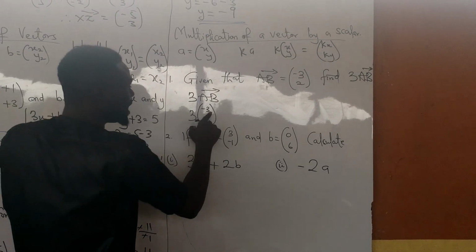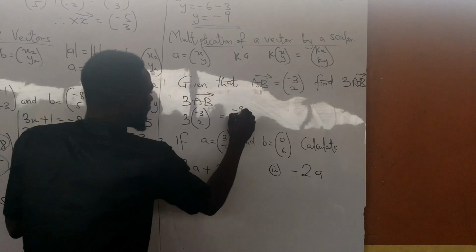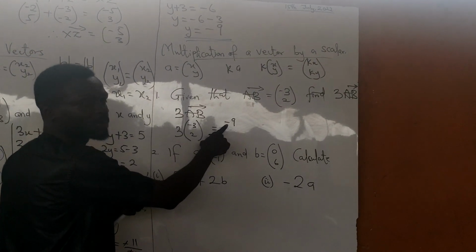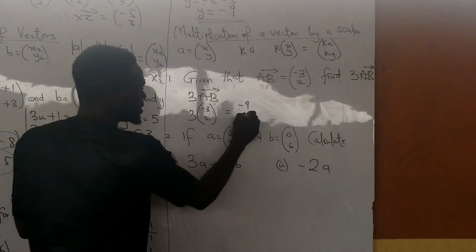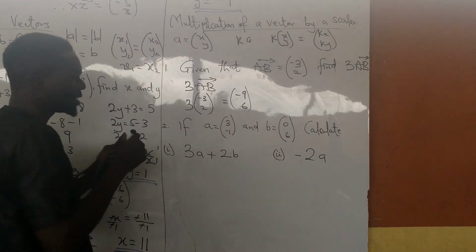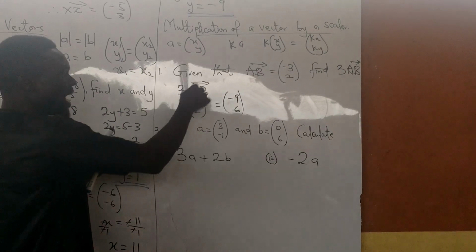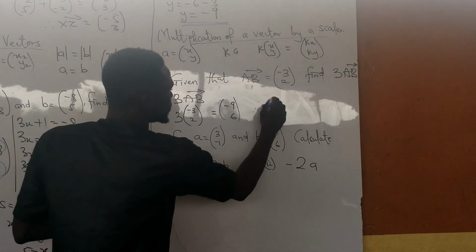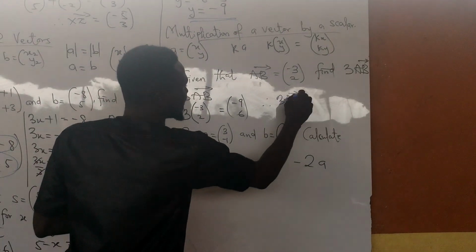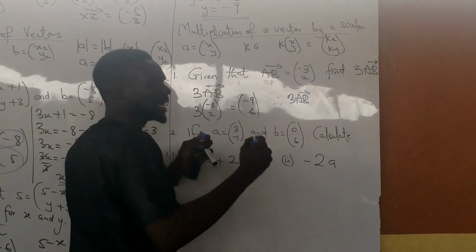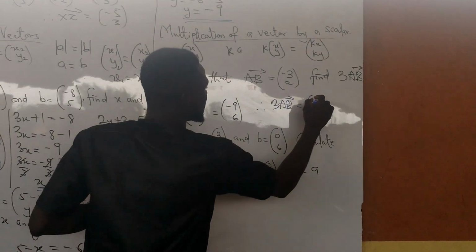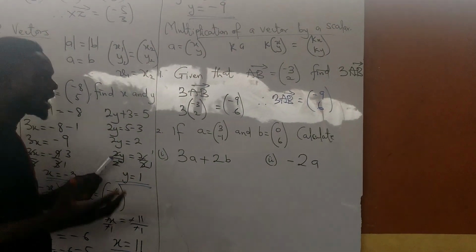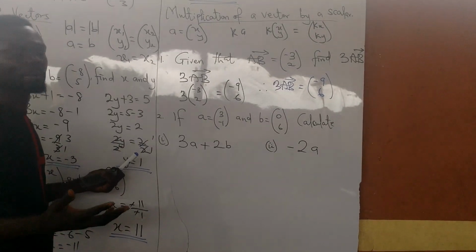So 3 times negative 3 will give me negative 9, because 3, 3, 9. Positive times negative is negative. Then 3 times 2 is 6. So I have this as my vector. So therefore, 3AB is equal to negative 9, 6. And that is how we do the multiplication of a vector by a scalar.